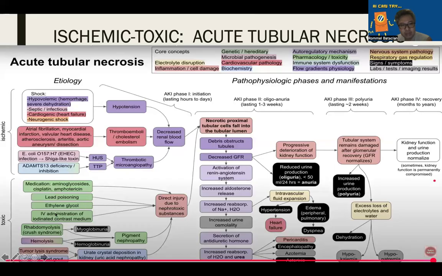Very important here, some medications can lead to ischemic or toxic acute kidney injury. Ethylene glycol, okay? Remember the calcium oxalate crystal in the urine microscopy. Contrast medium in radiographic testing.